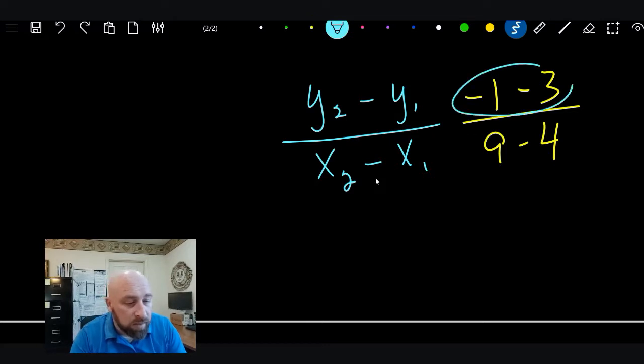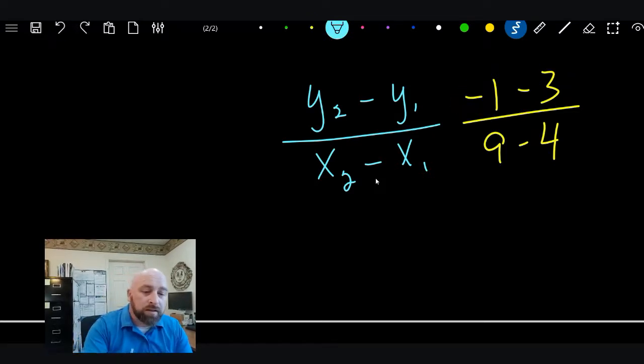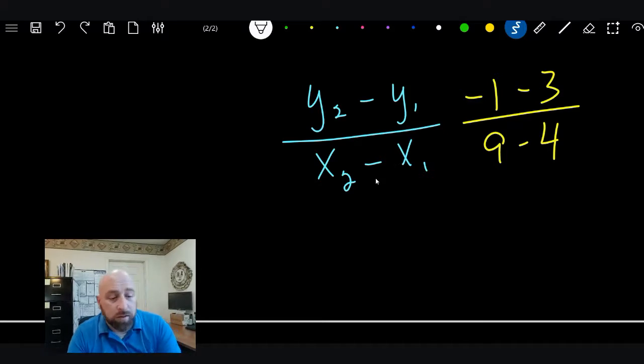So what is -1 minus 3? Well, how do you do that one? In algebra, you would say, if I'm subtracting, I change the sign of the second and add. And so -1 minus 3 is minus 4.